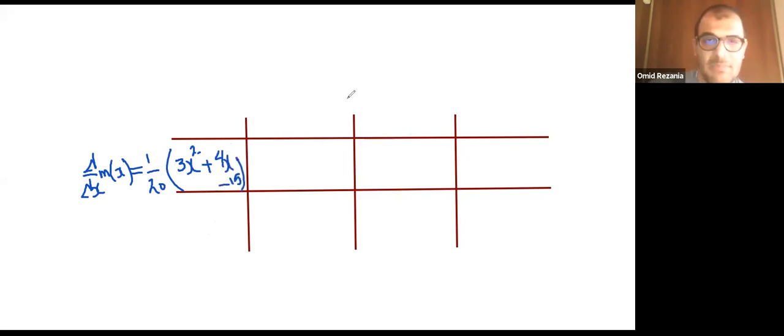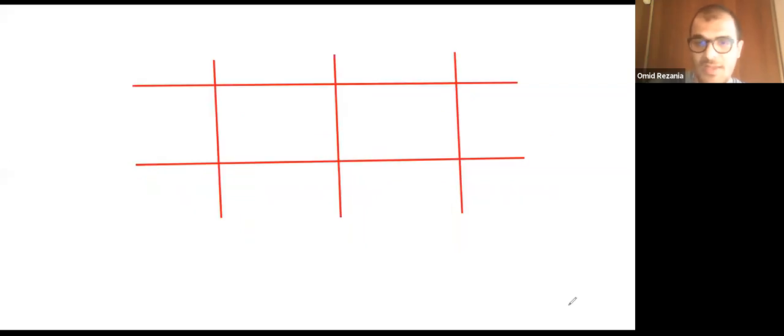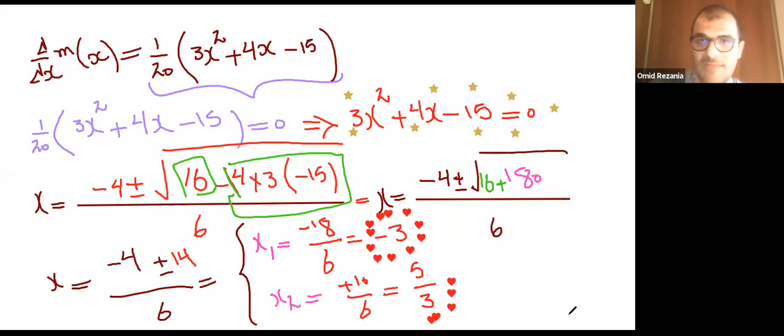And here it's going to be my first root. My first root is going to be x equal to -3. And look at this one. The second x is going to be the other root which we got. It was 5 divided by 3.